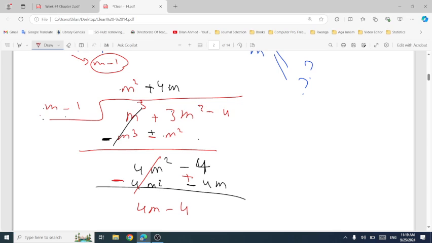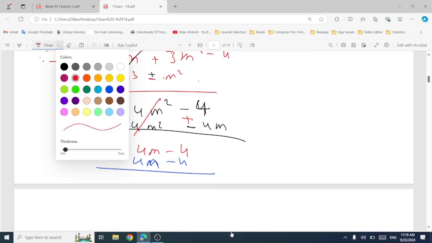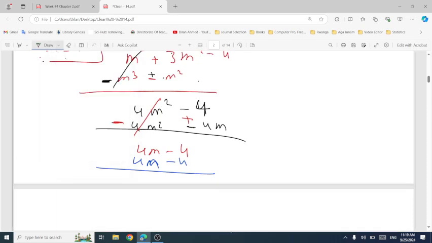Then plus 4, I'll get 4m minus 4. Change the sign. I'll get 0.